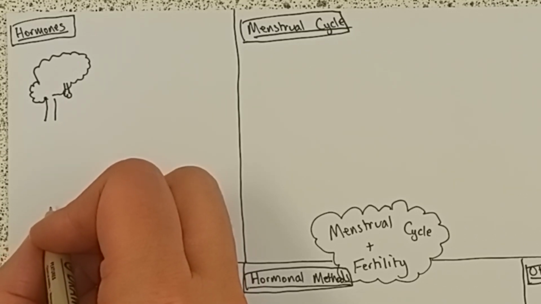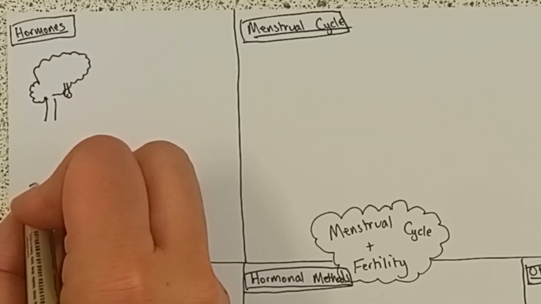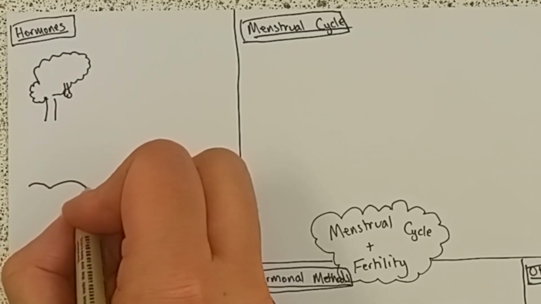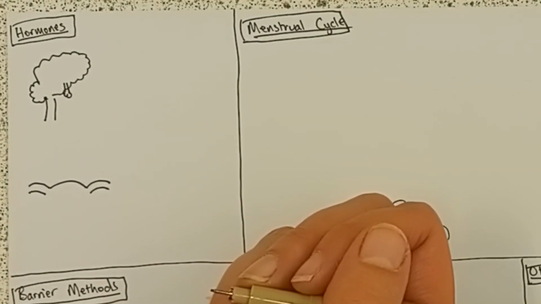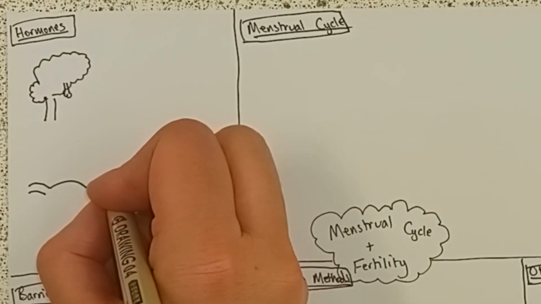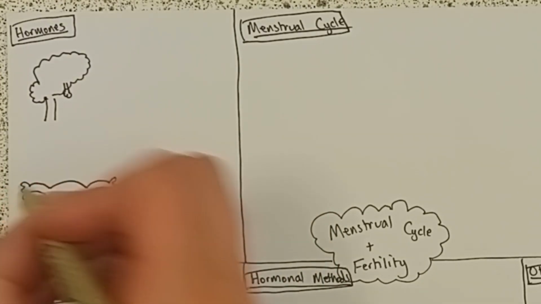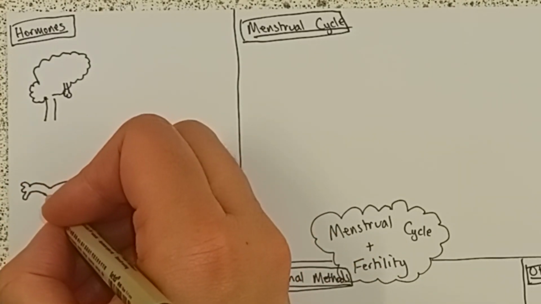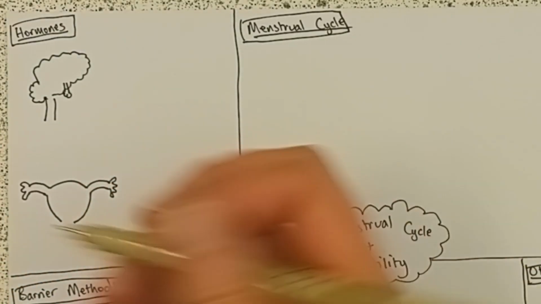So we're just going to remind ourselves of the female reproductive system by drawing two fallopian tubes with wiggly ends on. I'm going to bring that round down to there. That is going to form the uterus.